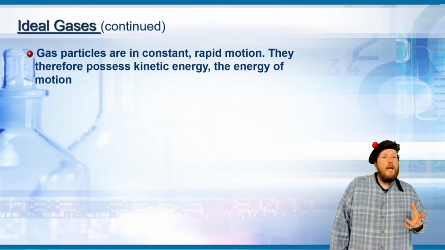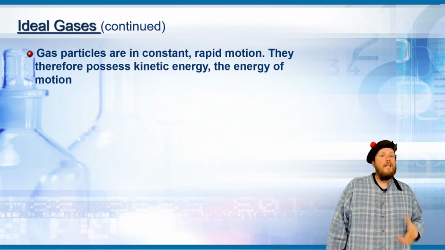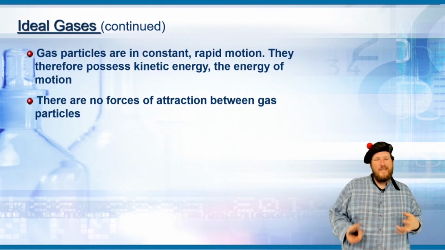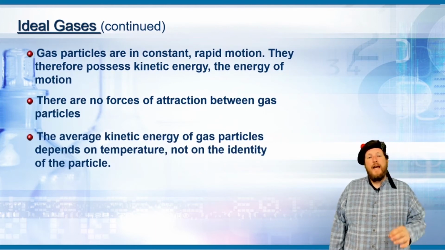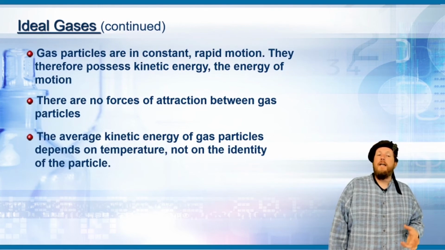Gas particles are in constant rapid motion. They therefore possess kinetic energy, the energy of motion, and there are no forces of attraction between those gas particles. The average kinetic energy of gas particles depends on temperature, not on the identity of the particle.